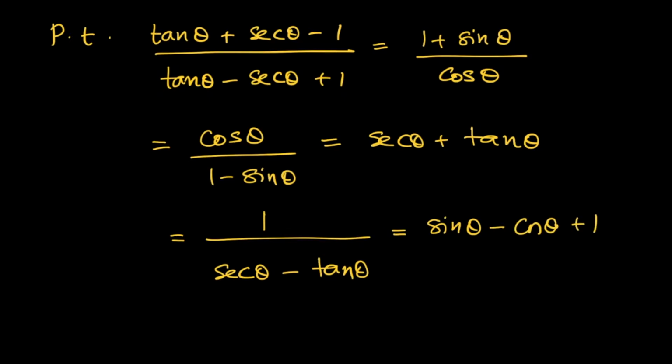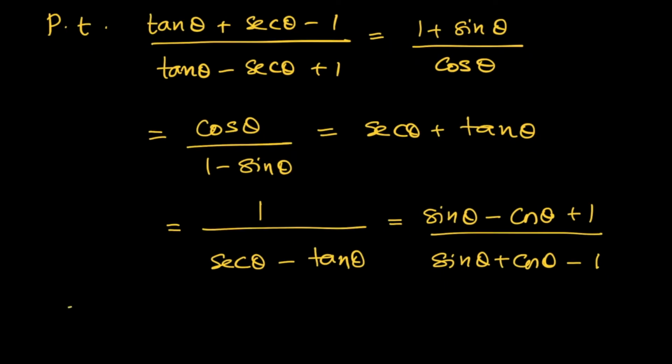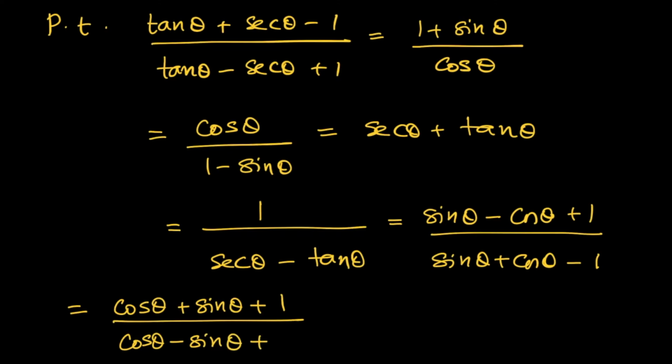plus 1 divided by sin theta plus cos theta minus 1 is equal to cos theta plus sin theta plus 1 by cos theta minus sin theta plus 1.